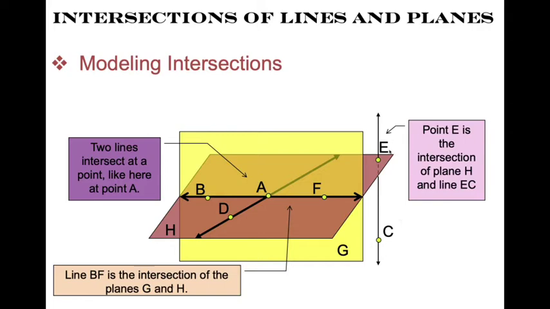And then the point E here, this is where the line EC intersects the plane H, which is that one. So I thought it's a cool way to visualize lines and planes intersecting in three-dimensional space.